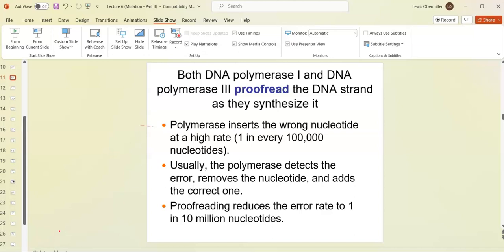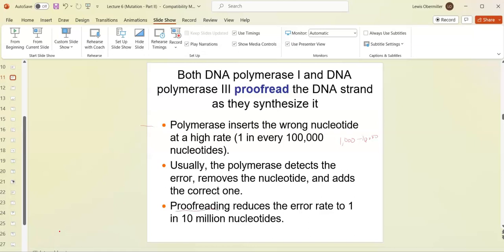So polymerase inserts the wrong nucleotide in eukaryotes about 1 in every 100,000 nucleotides. If you looked at some eukaryotes, that number is probably 1 in 1,000 to 1 in 10,000. Normally, the polymerase can detect the error, so we're talking about polymerase 3 in this case, and it removes the nucleotide and then replaces it with the correct nucleotide.